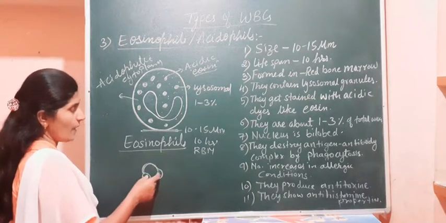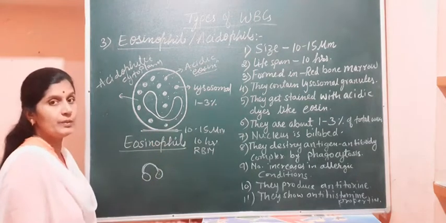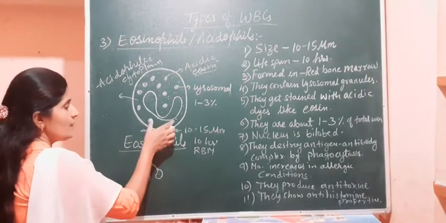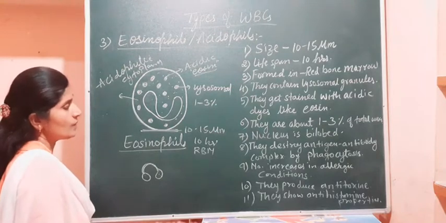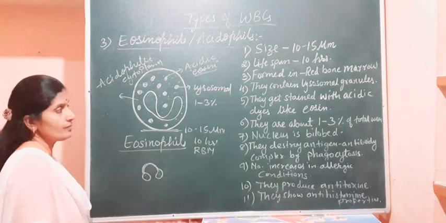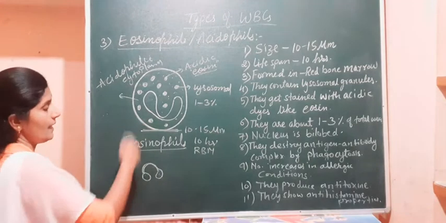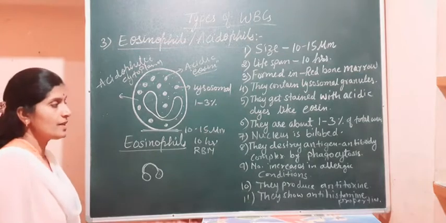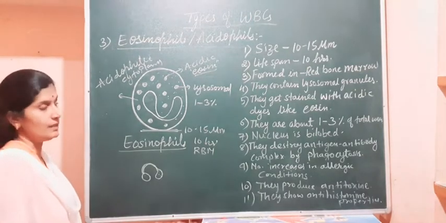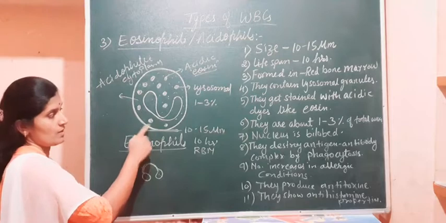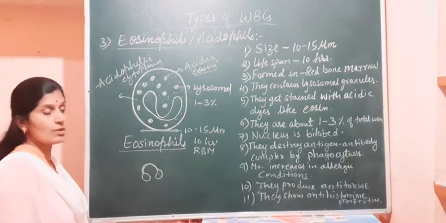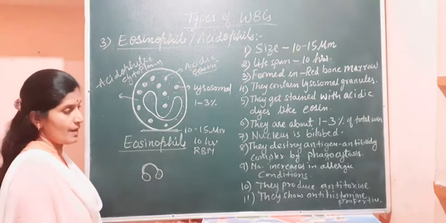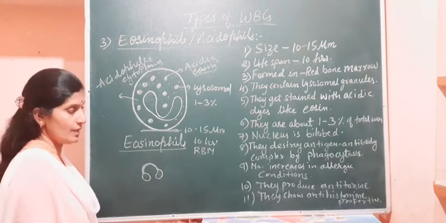Such a bilobed nucleus is found in acidophils, and these acidophils get stained with acidic dyes and destroy the antigen-antibody complex by phagocytosis. What will they destroy? The antigen-antibody complex, by phagocytotic nature.